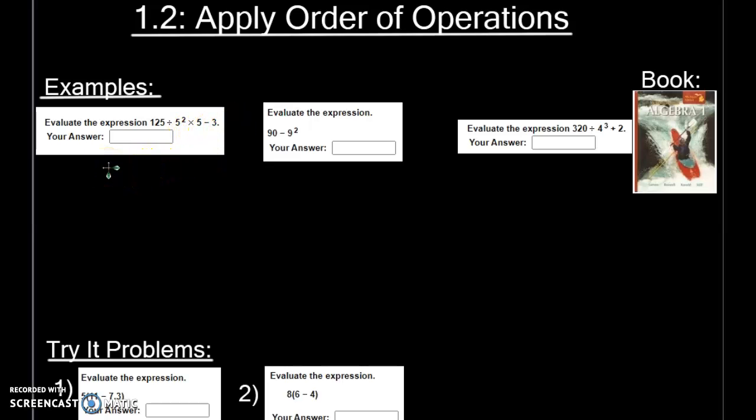So you do 125 divided by 5 squared times 5 minus 3. Because if you look at this, you have to use the natural order.